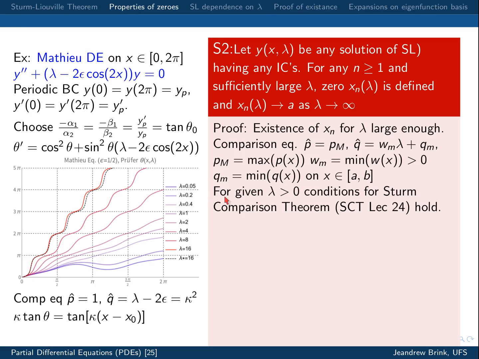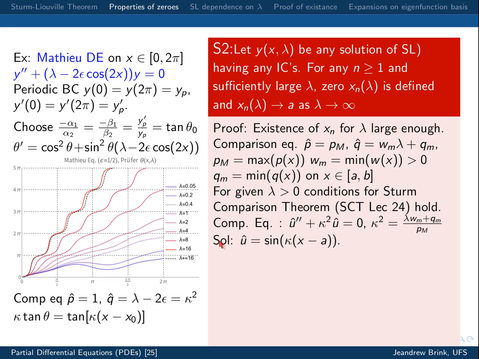Then for a given lambda greater than 0, the conditions for the Sturm comparison theorem, which we did in lecture 24 and which I abbreviated as ACT, are valid. The comparison equation we have is simply this, where kappa is now dependent on lambda. Kappa squared is assumed to be positive, and it equals lambda wm plus qm over pm.